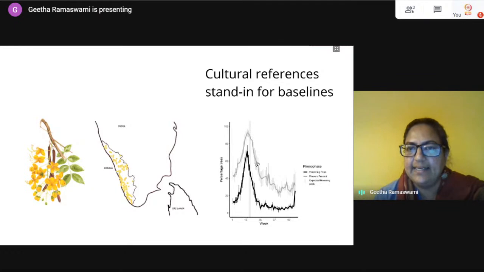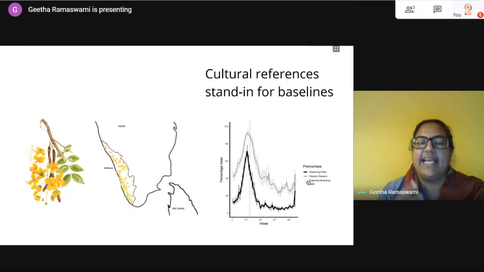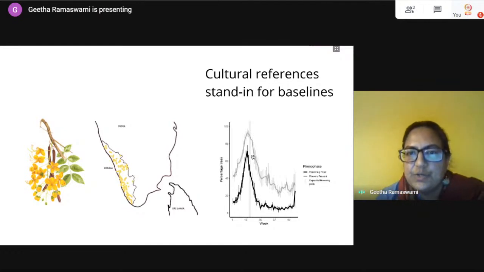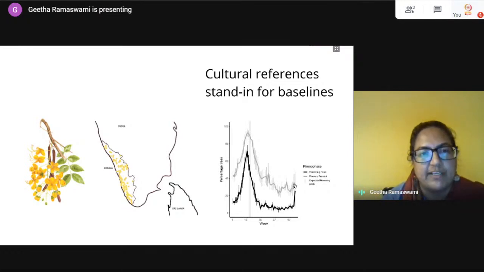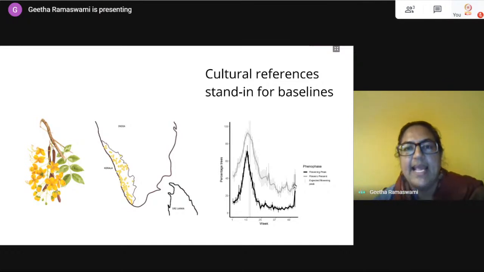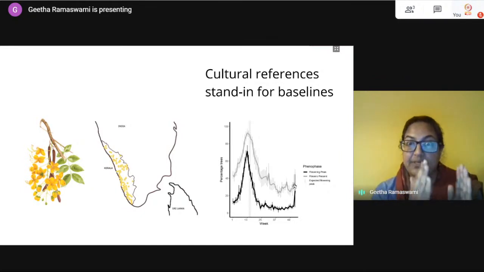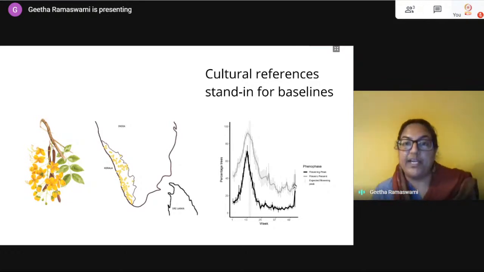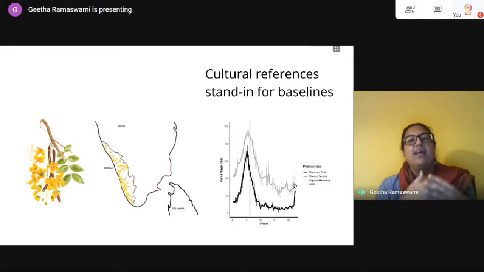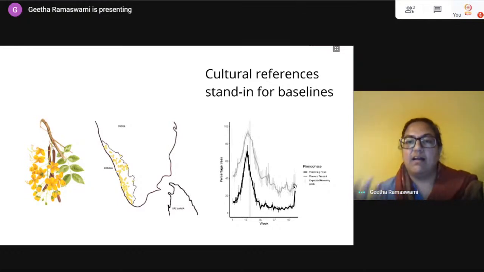The light gray line indicates the proportion of trees that were indicated as having flowers, few or many. This indicates that pretty much throughout the year, there were flowering trees in the population of cassia trees in Kerala. And this is again aberrant because people associate a very sharp seasonality with the flowering in cassia trees, and that about 40% of the population was flowering throughout the year was something very unusual.